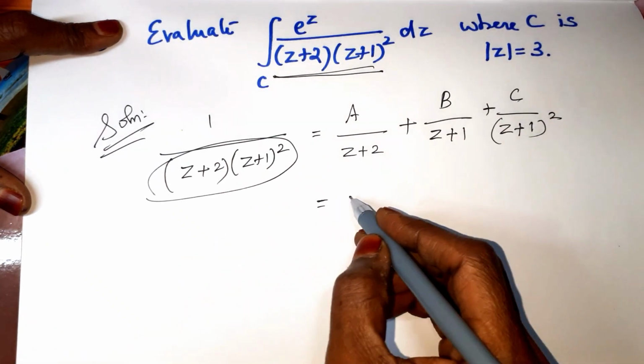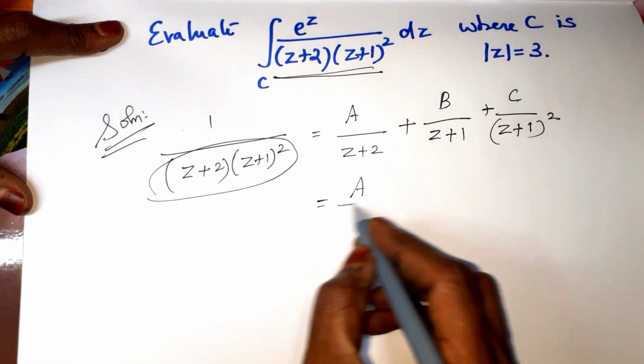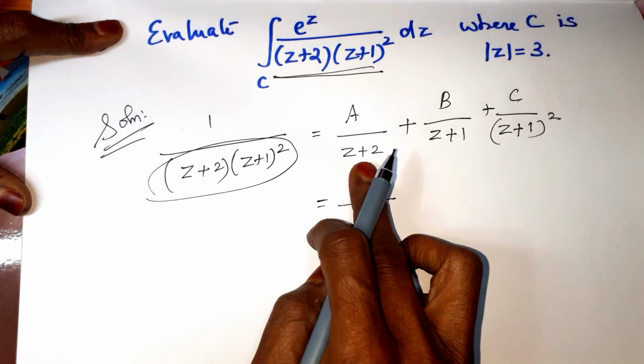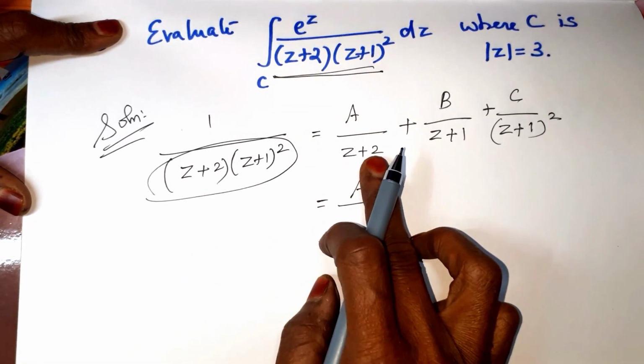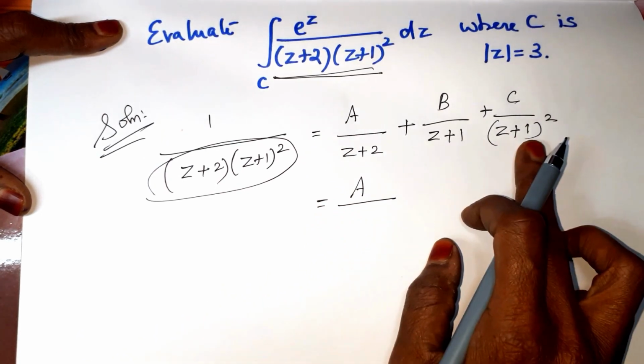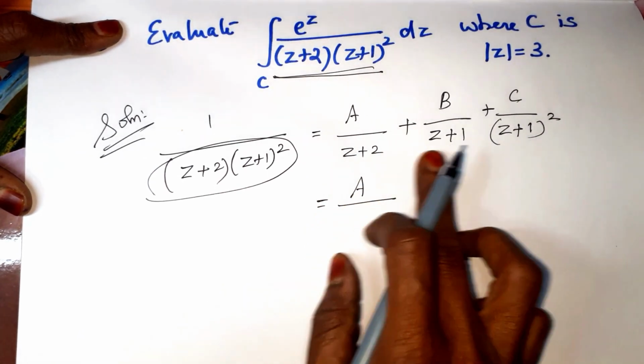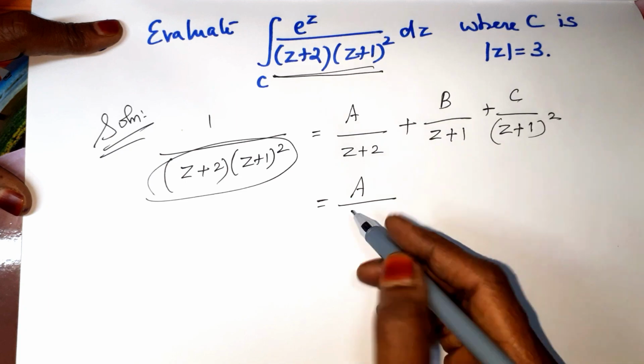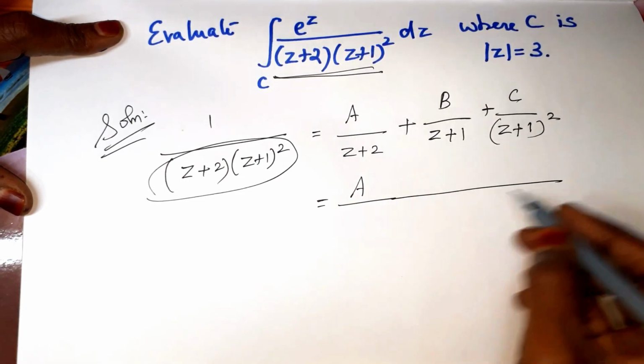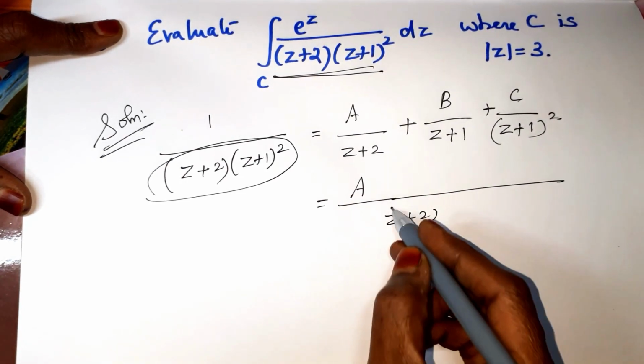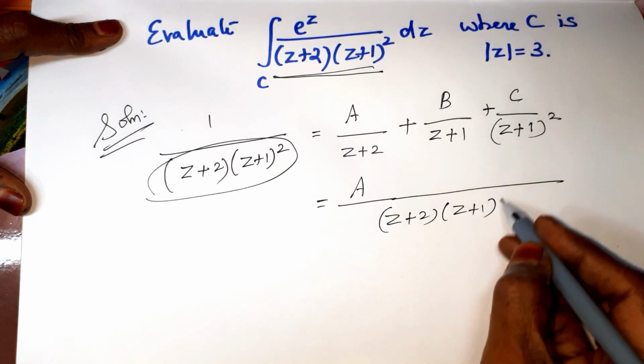Okay. Now taking the LCM on the right side, what we are getting is A by z plus 1... we have z plus 1, z plus 2, we have z plus 1 the whole square, we don't have. So we have to take the higher power for this. The LCM is z plus 2 into z plus 1 the whole square. Am I right?